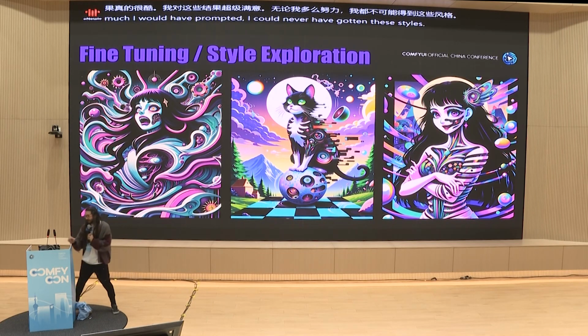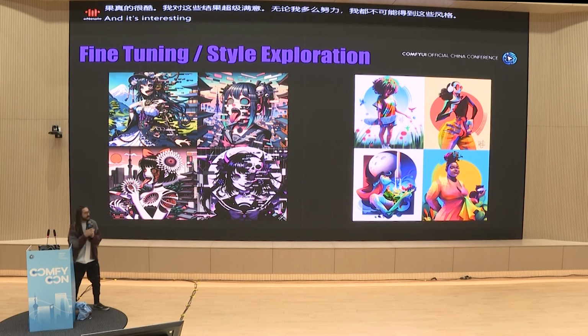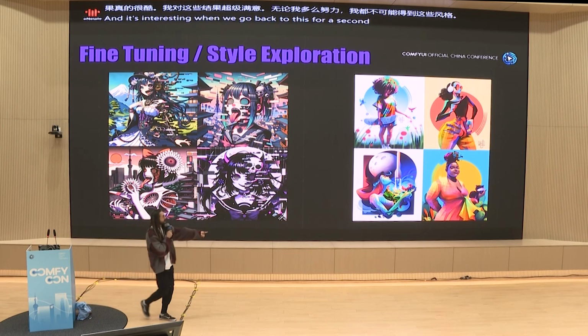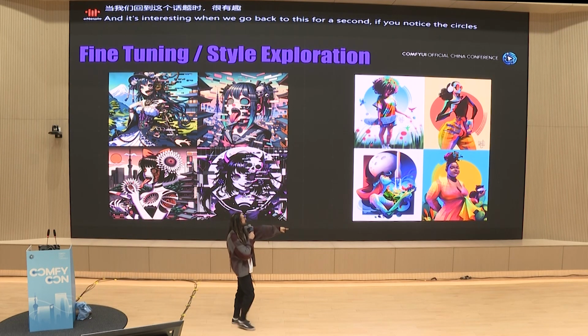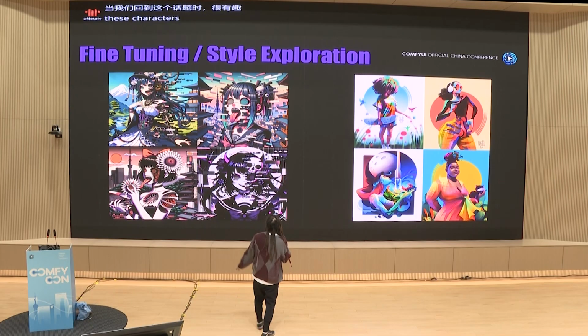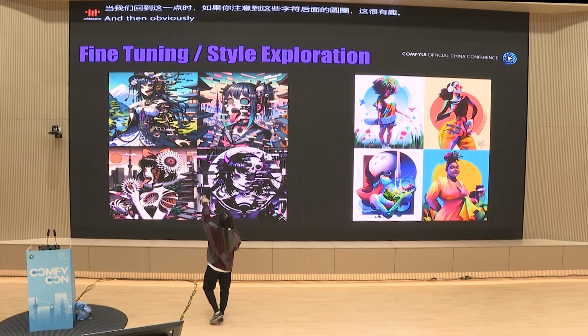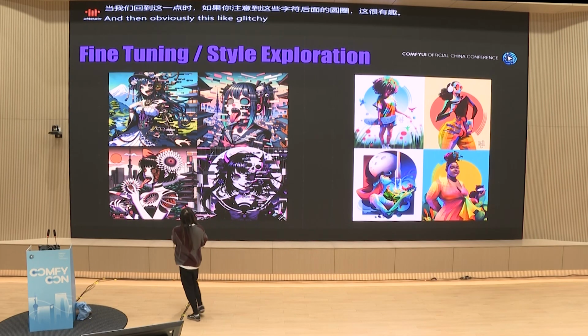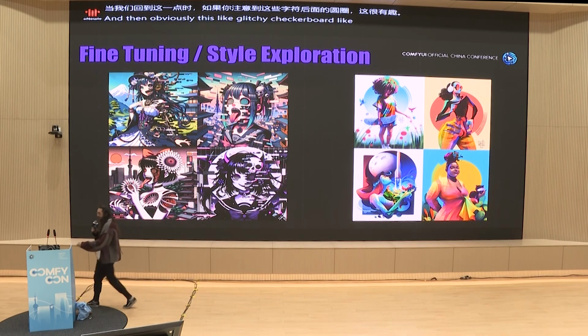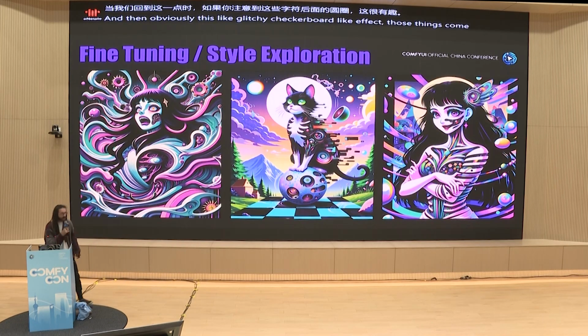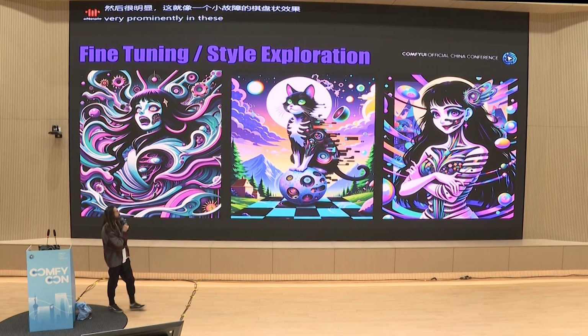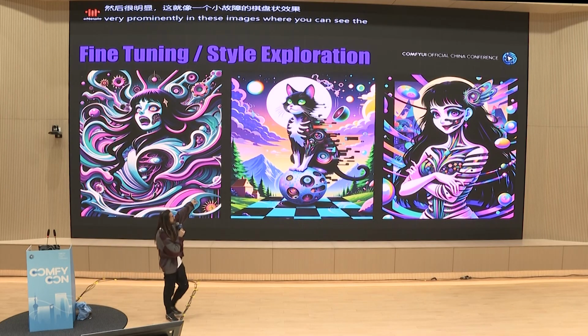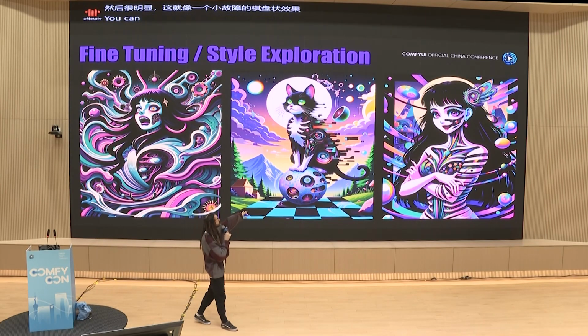And it's interesting, when we go back to this for a second, if you notice the circles behind these characters, and then obviously this glitchy checkerboard-like effect, those things come through very prominently in these images, where you can see the circles behind the characters, you can obviously see these glitches, right?